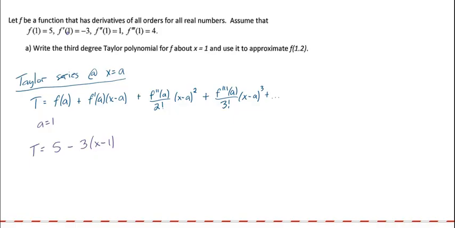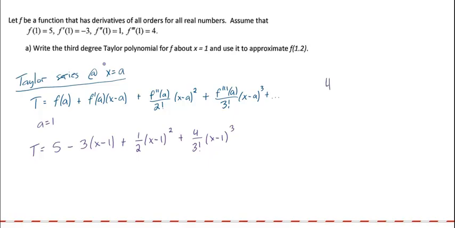This is where this one's different from the previous one that had x minus zeros or just x's. And so far, this would actually just be the tangent line. And then plus f double prime of 1, that's 1. So 1 over 2 factorial is just 1 over 2 times x minus 1 squared. And then plus f triple prime of 1, which is 4 over 3 factorial times x minus 1 cubed.